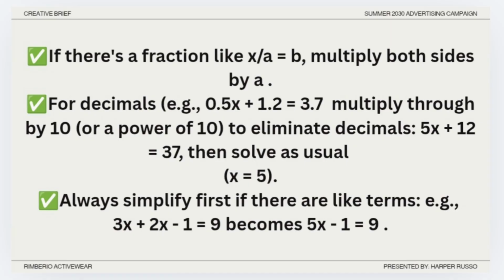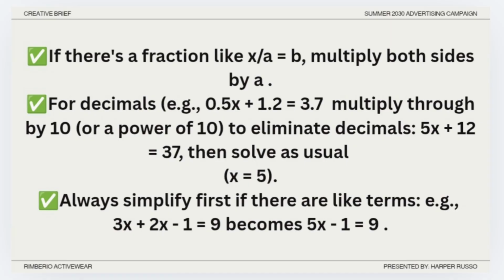If there are fractions like x over a = b, multiply both sides by a. For decimals, for example, 0.5x + 1.2 = 3.7, multiply through by 10 or a power of 10 to eliminate decimals. 5x + 12 = 37.